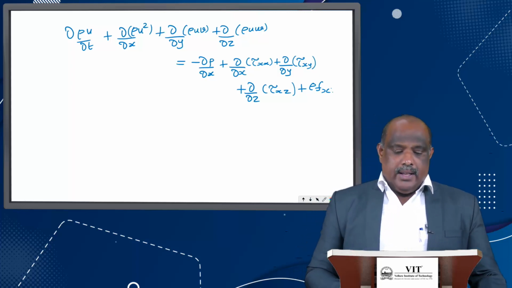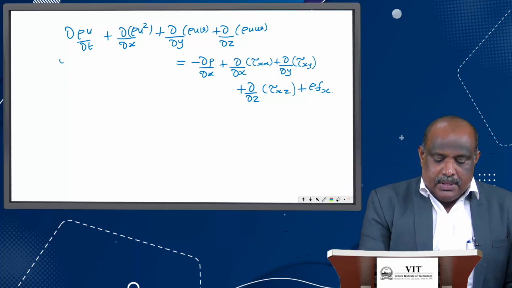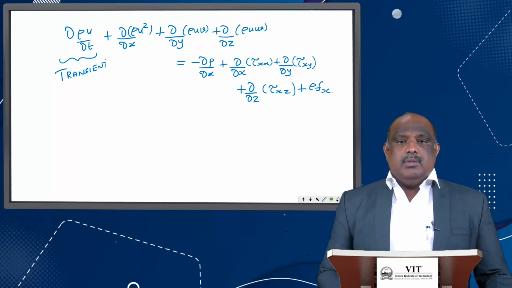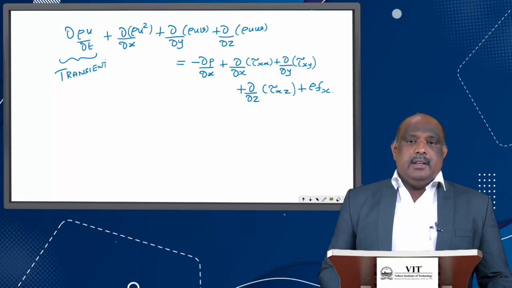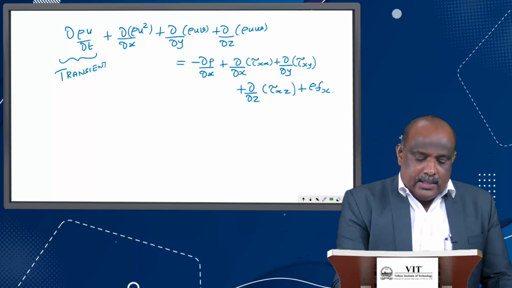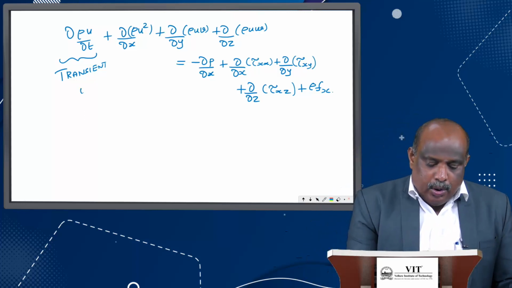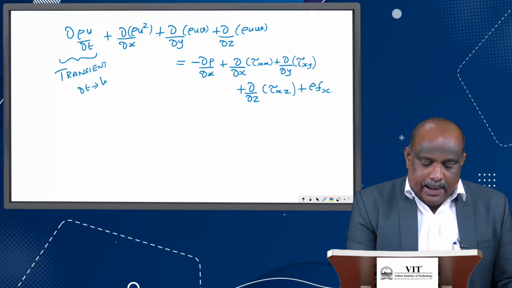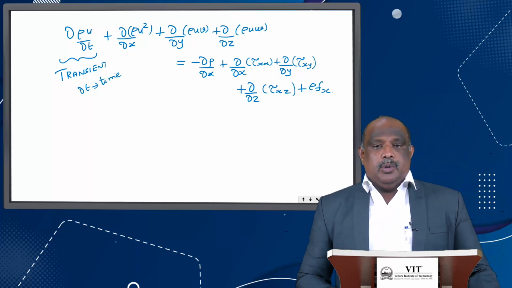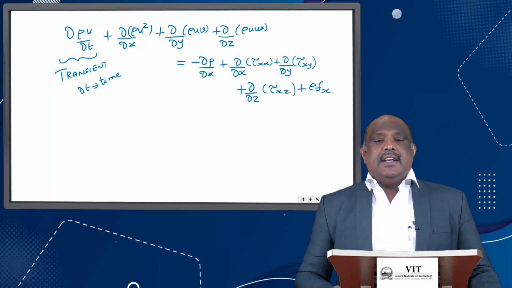Here we can see the first term is generally called the transient term. Any guess why I am calling this term transient? Yes, it is right, because in the denominator we have dou t. Here t indicates time. Any variable which is going to vary with respect to time is known as transient condition.